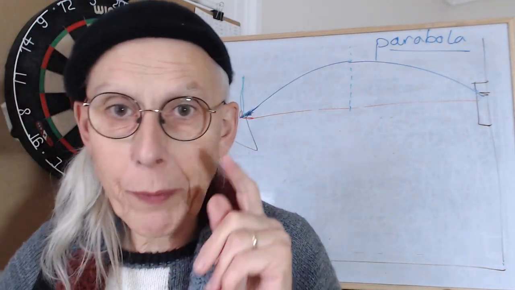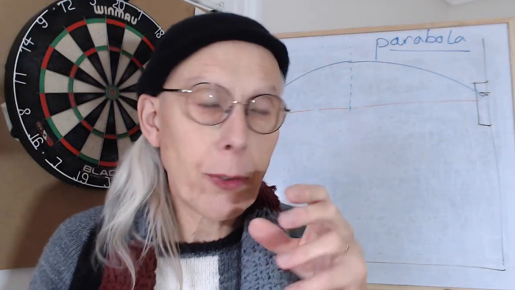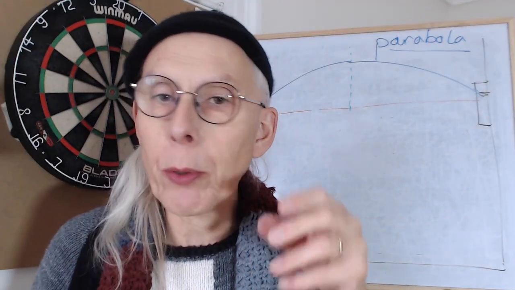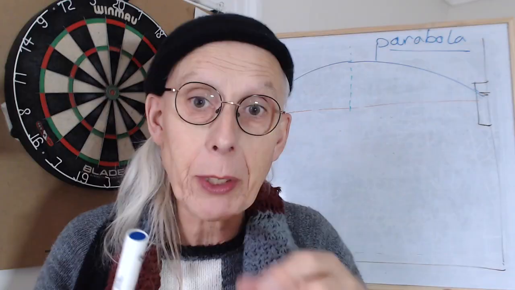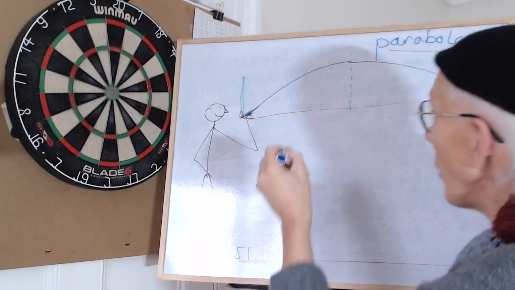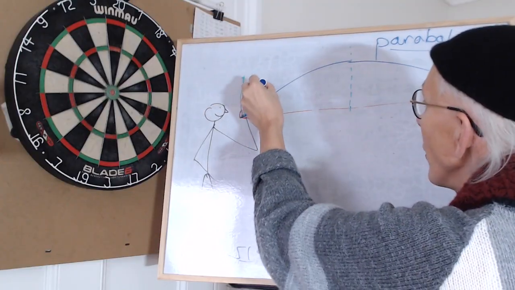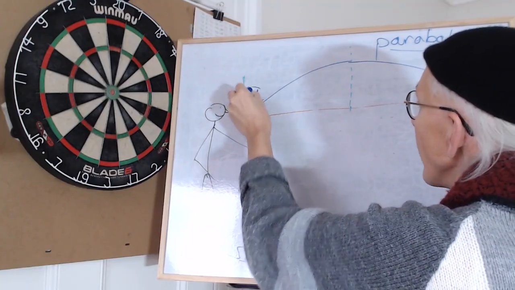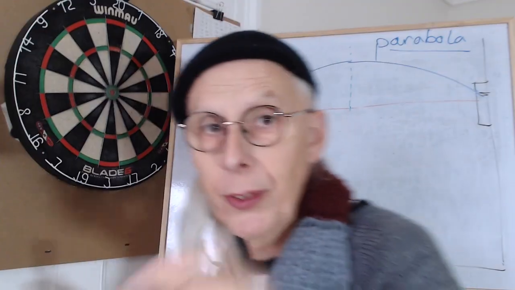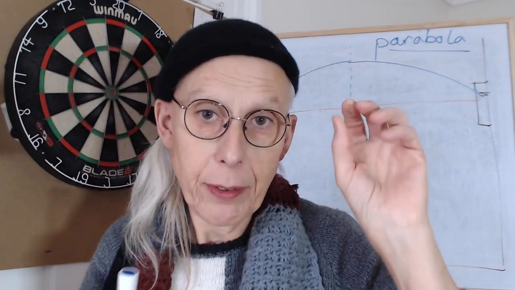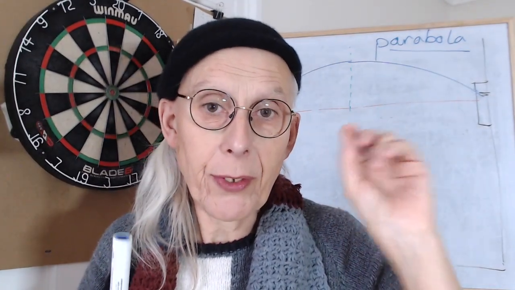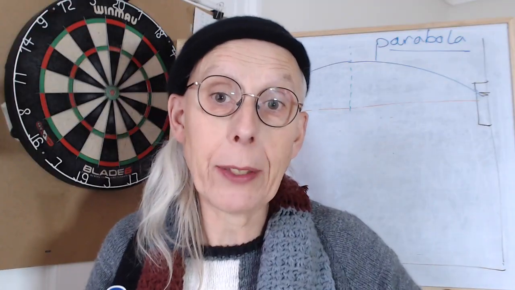Let me just point out one very important statement connected with that. We are talking about a dart that's being released at a certain speed, u, all right? So the speed with which we release the dart, we're going to assume that's the same for darts of different weights.